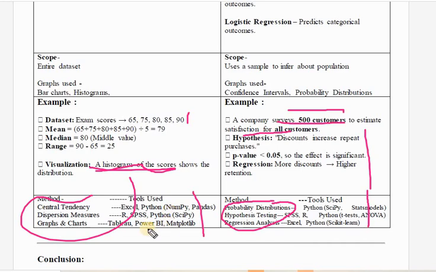Then Power BI, which is mainly used in data analytics and data science, and is a tool used mainly for descriptive statistics. For inferential statistics, we use SciPy. These are just a few; if you want to know more, you can visit Google or ChatGPT for more information.